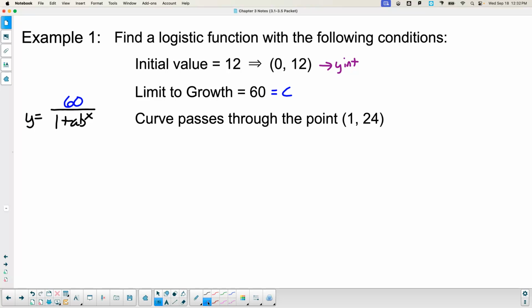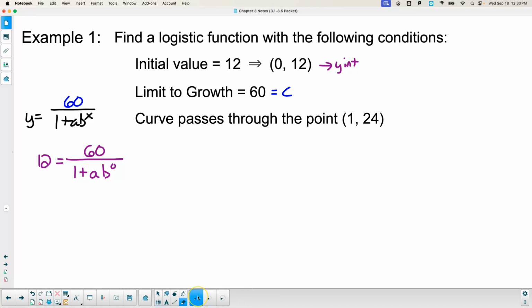So now my y value is 12. 60 is still 60. 1 plus, I don't know what a is, I don't know what b is, but what is x? X is 0. Ooh, that's kind of helpful, isn't it? Why is x being 0 helpful? Because b to the 0 is 1, right? So that's really gone, because 1 times a is just a.